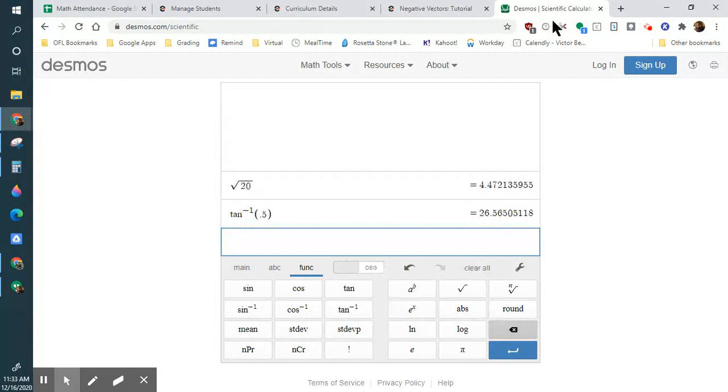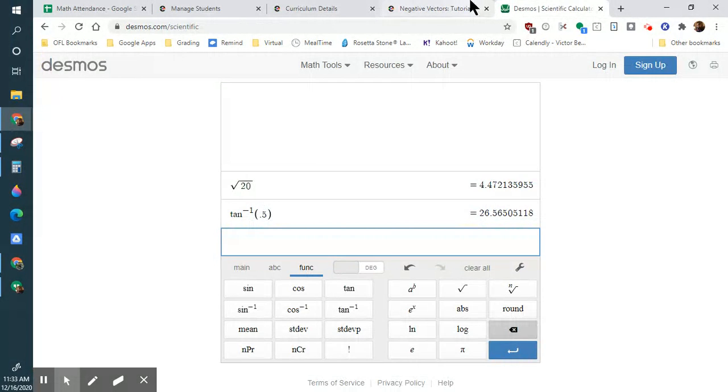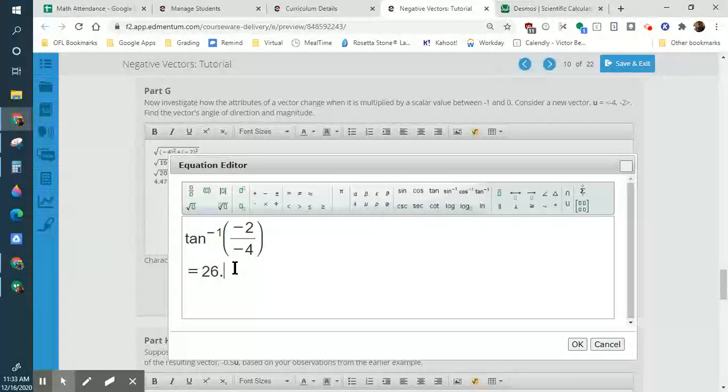So that's going to give us a positive 26.56. Now we have to keep in mind that it's a negative negative. So this is going to be in quadrant 3, which means we have to do 180 plus 26.56.